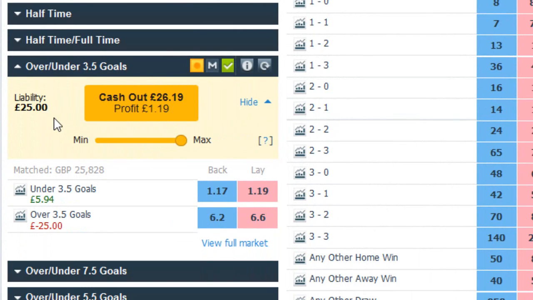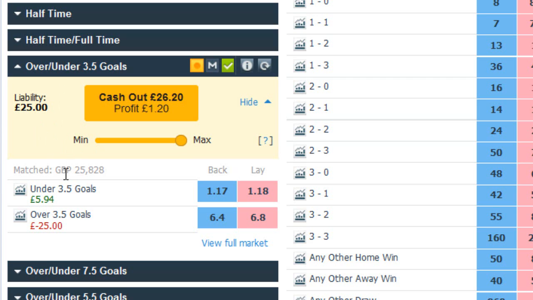If we look at that as a percentage of the £25 stake, just using my calculator, that's a 4.8% return, so we're almost 5% ROI after 10 minutes. As you can see, it all drifts very nicely.